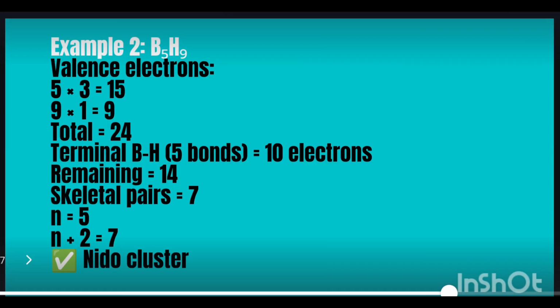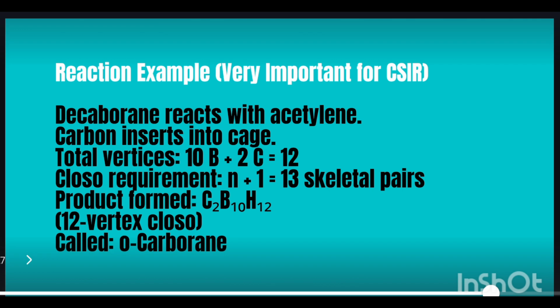Now let's see the reaction. This is very important for CSIR. Decaborane reacts with acetylene, and 2 carbon atoms enter the cage. Now total skeletal atoms becomes 10 boron plus 2 carbon, which is equal to 12 vertices.